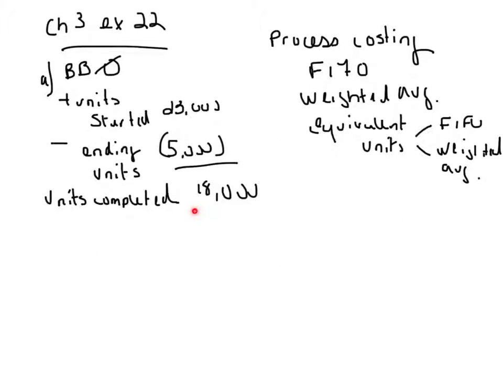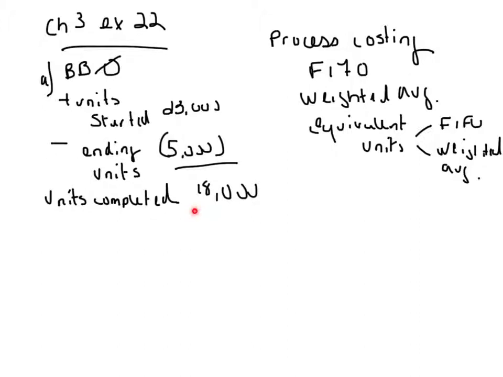Now we have to figure out the equivalent units. What the equivalent units is trying to say is how many full pieces are actually completed in the period. Because they tell us what percentages have been completed in the previous period and in the current period, we have to include those in our calculation.